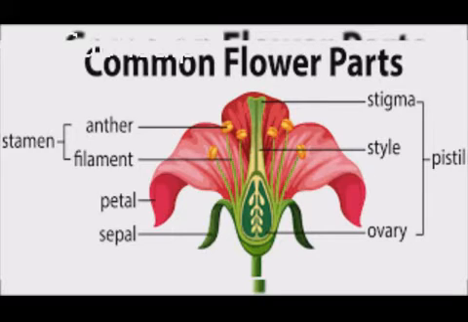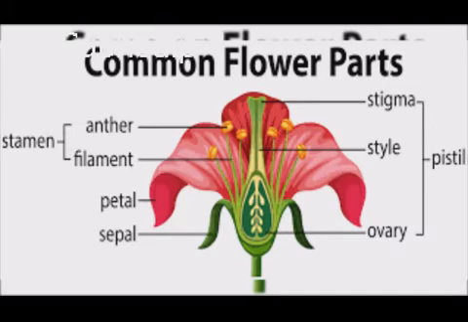The fourth whorl, that is the gynoecium or the pistil, is the innermost whorl of a flower. It contains one or more female reproductive units called carpels.